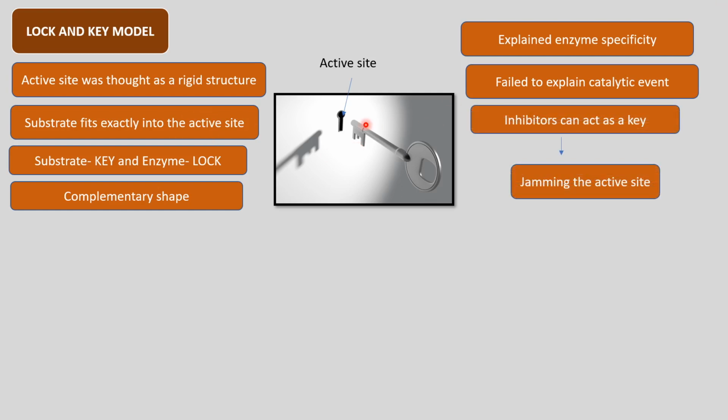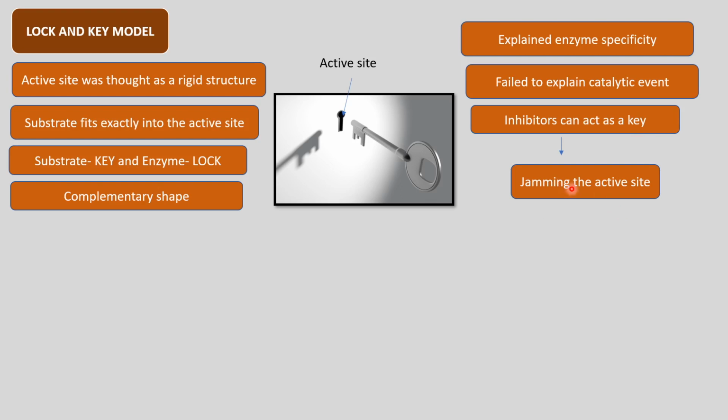Now in this Lock and Key model, one problem is there: since this model is the Lock and Key model, inhibitors can also act as a key. There are certain inhibitors which can have the same shape similarity as the substrate, and these inhibitors can act as a key and hence jam the active site, right?